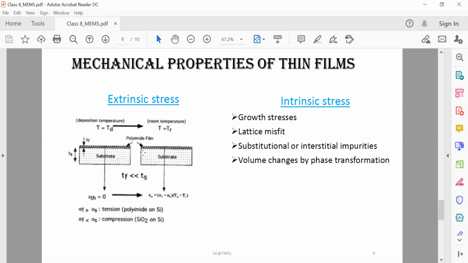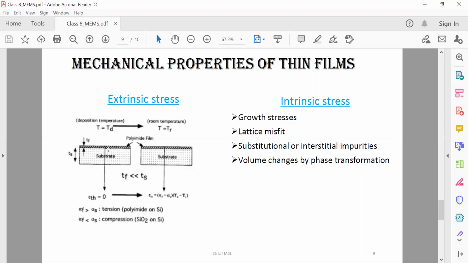Now during the deposition, in many cases strain or stress may be developed at the interface, because if you go for deposition at more than room temperature, or even less than room temperature, very low temperature can also be used, in both cases, because of the difference of the thermal expansion coefficient of the deposited film and the basic substrate, there will be a mismatch between the expansion coefficients, and as a result a stress may be developed at the interface.